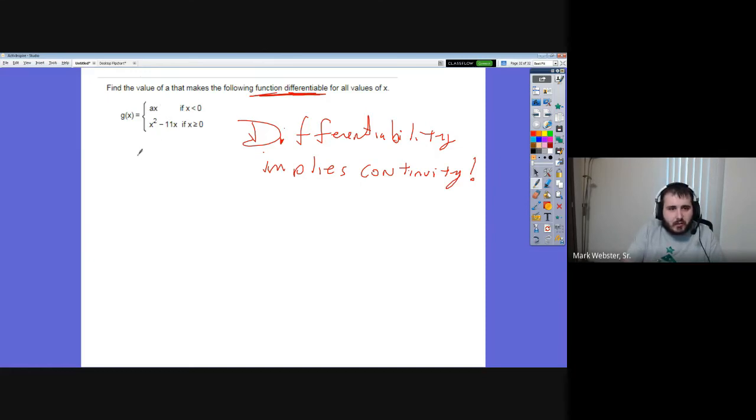So if x is 0, then we need to figure out what makes this the same, right?